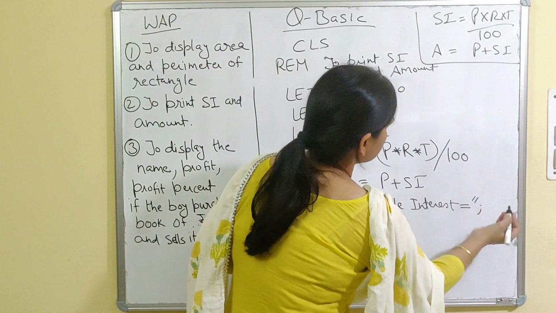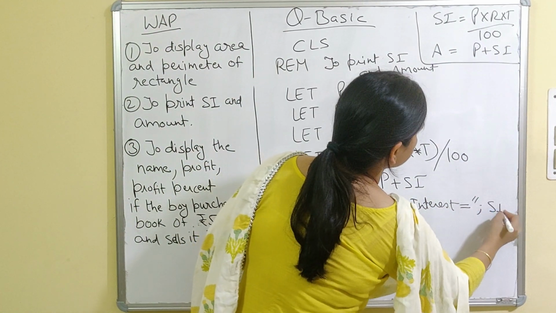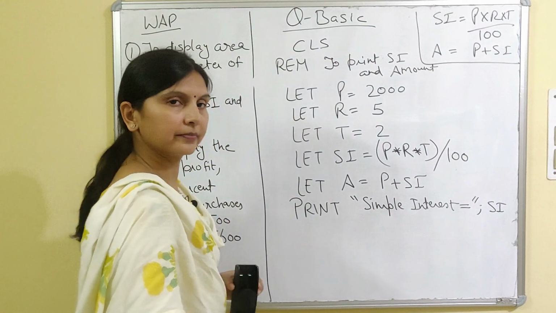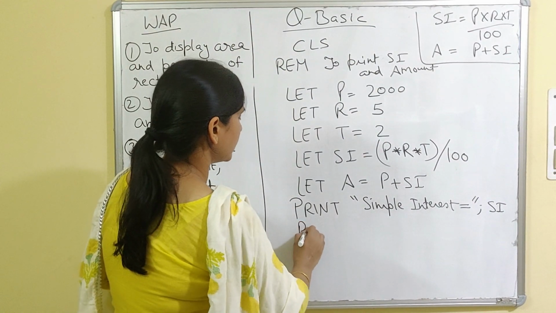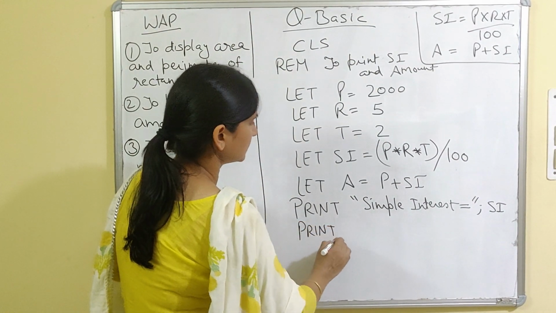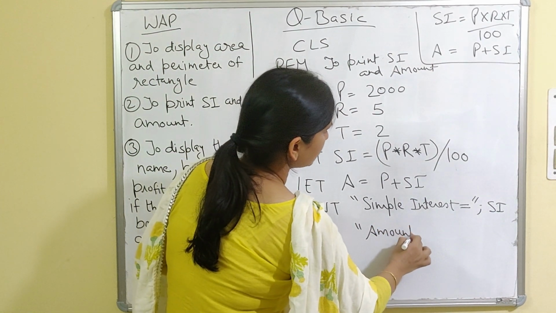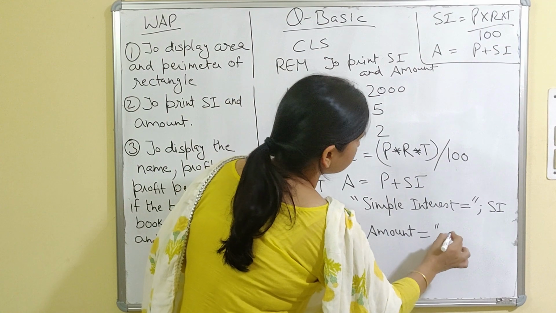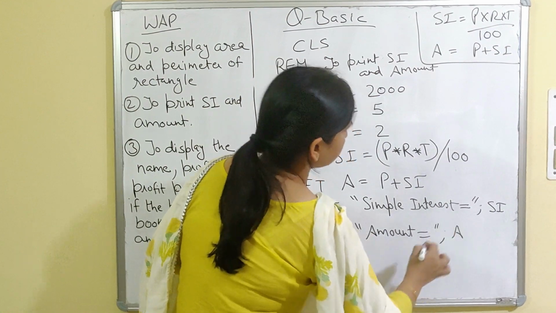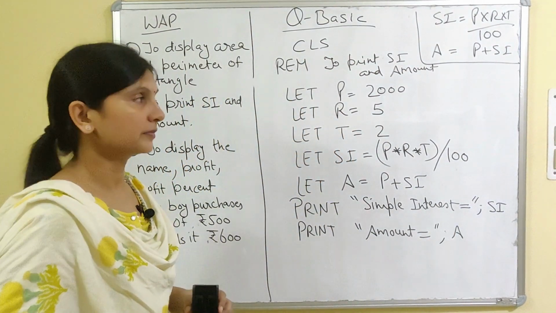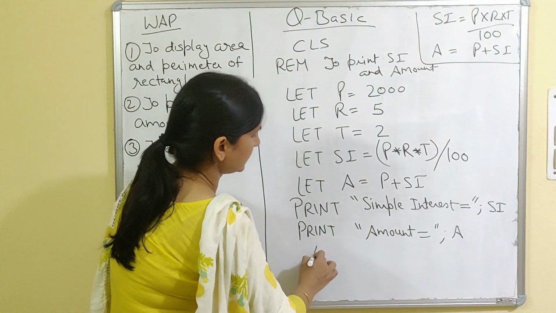Then semicolon and then SI. Fine. Now to display amount, print amount equals to A. Fine. Then end.